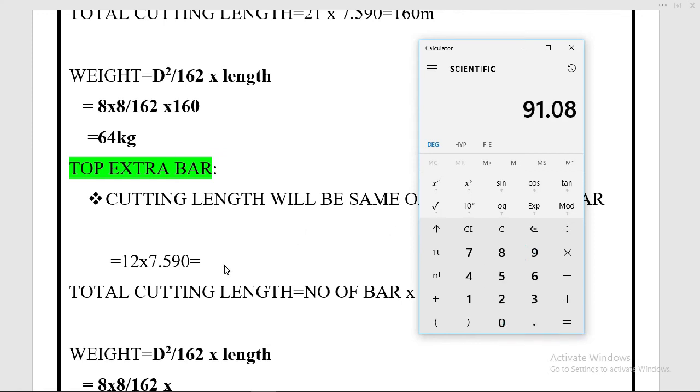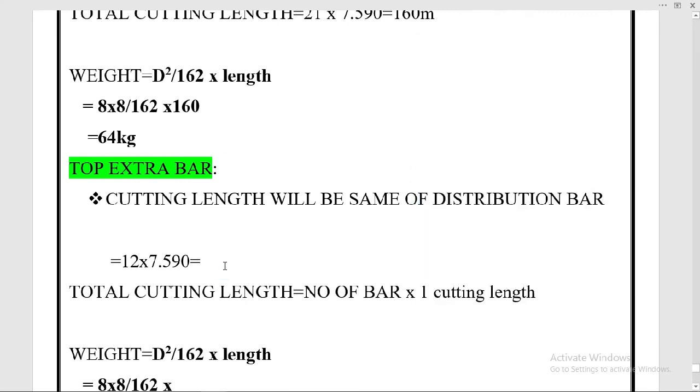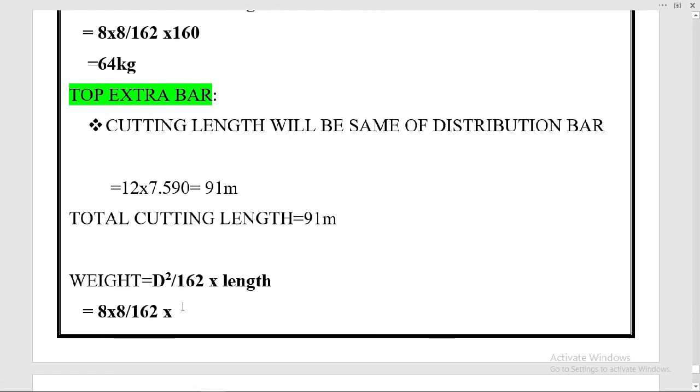It gives 91 meter. We required 91 meter length of top extra bar. Let me calculate the weight of the top extra bar. The dia of the top extra bar is the same, 8 millimeter.